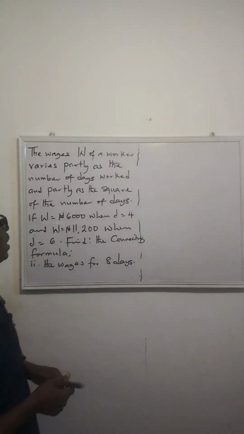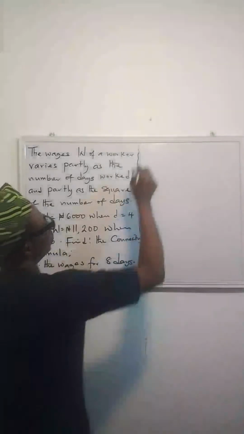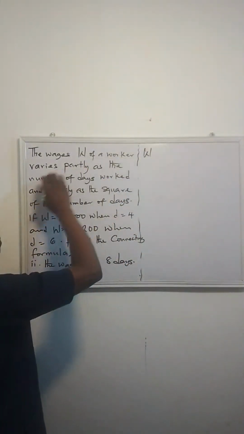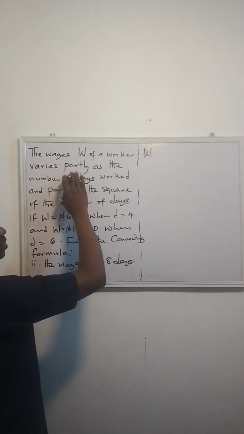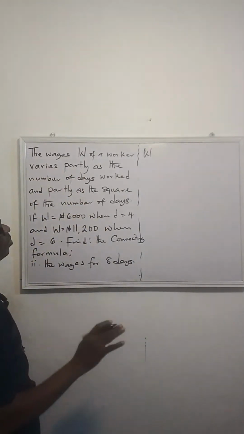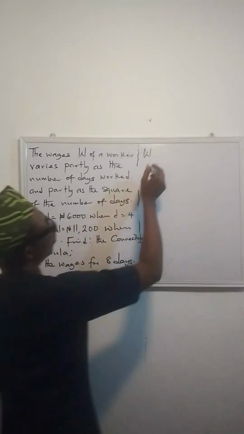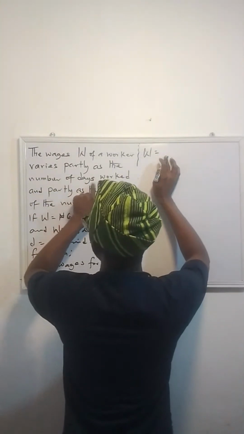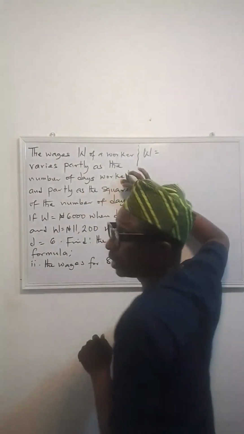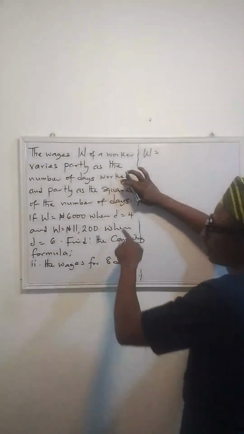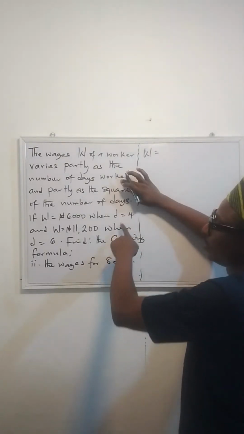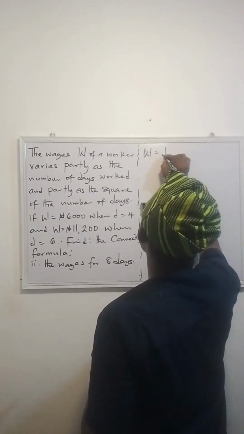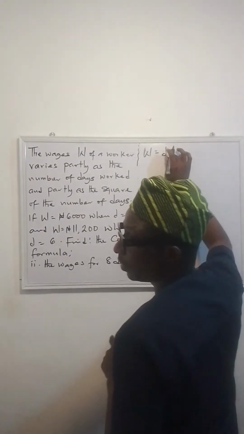The question says the wages W of a worker varies partly as the number of days, that is equal to the number of days worked. The number of days worked, as we can see in the variables given here, is D, so we use small letter D as a variable.